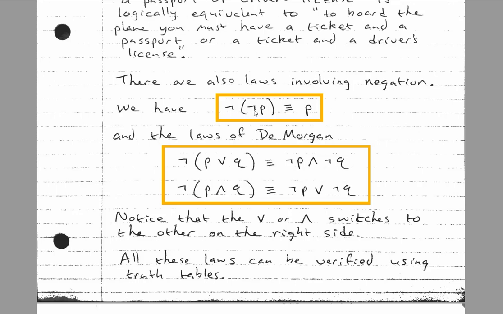Okay, so not not P is equivalent to P. Yeah, this might remind you of multiplying by -1, so minus negative of a number, you're back to the original number.